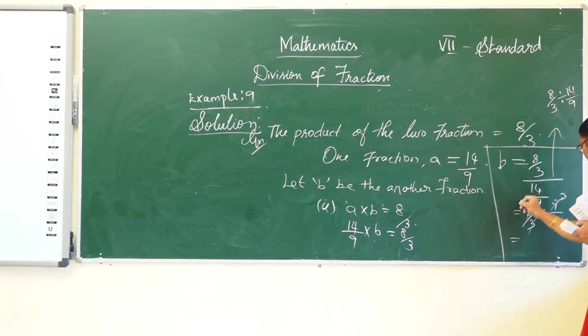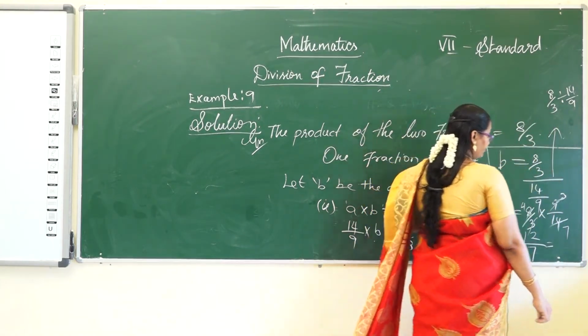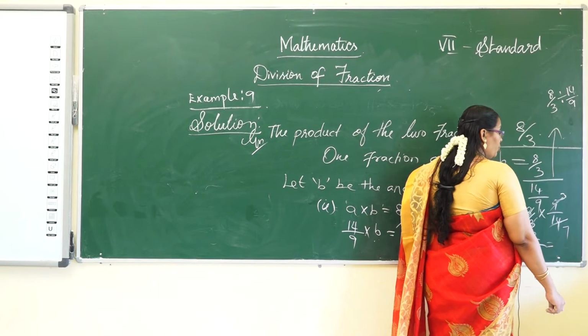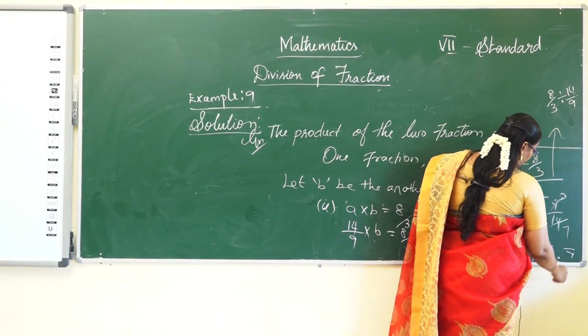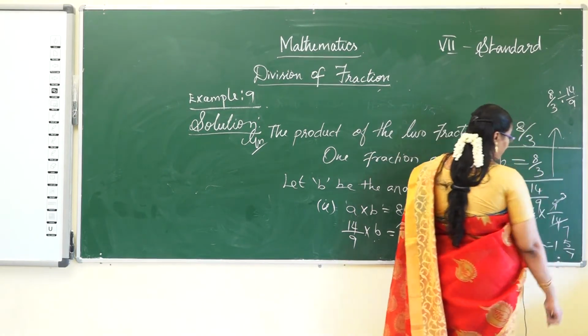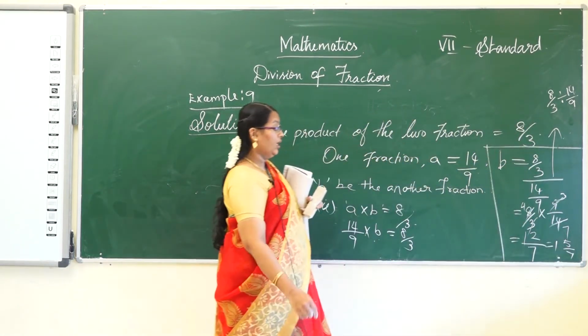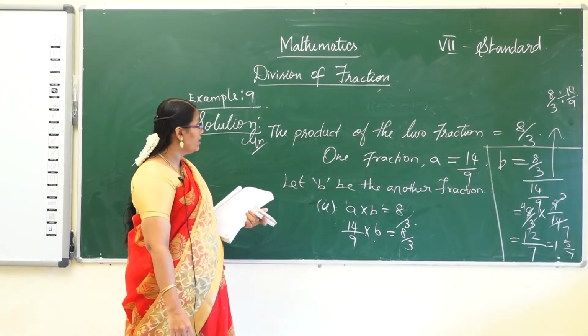Now multiply the numerators. 4 threes are 12 by 7. It can be written as a mixed fraction. How many times is 7 in 12? 1 time: 7 ones are 7 plus 5, 12. So 1 5 by 7 is the mixed fraction of 12 by 7.